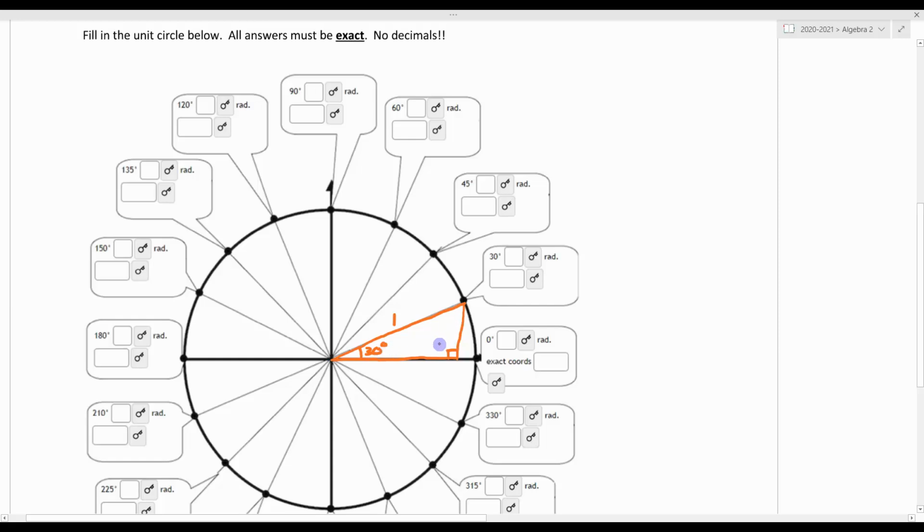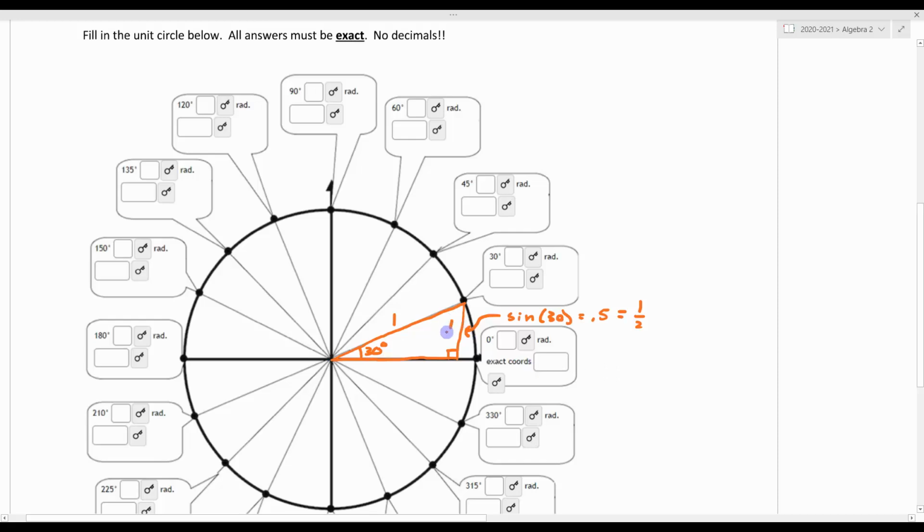So one of these sides that we can find, since we want exact answers, which means we don't really want any decimals, is this side right here, the height, and we can find this by taking the sine of 30 degrees. Okay, and if I do the sine of 30, we're going to get 0.5. All right, so if I go to my calculator, I put this thing into degree mode, I do the sine of 30, I get 0.5, which we know in fraction form or in exact form is 1/2.